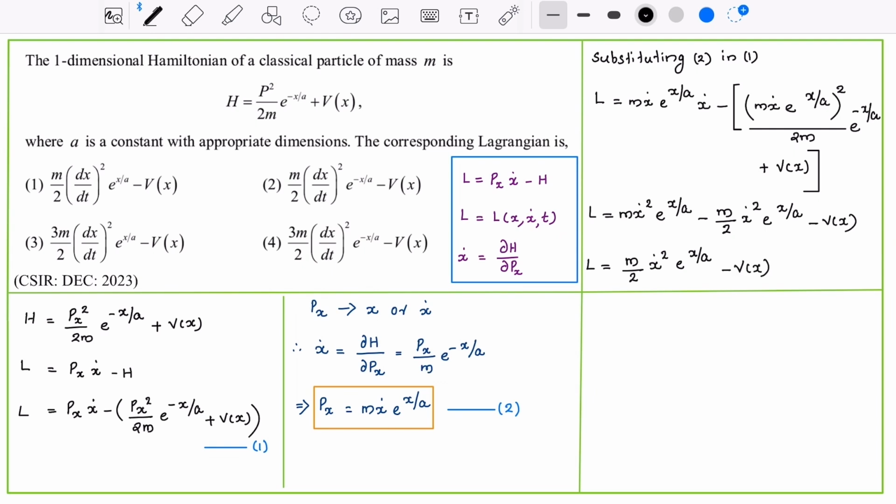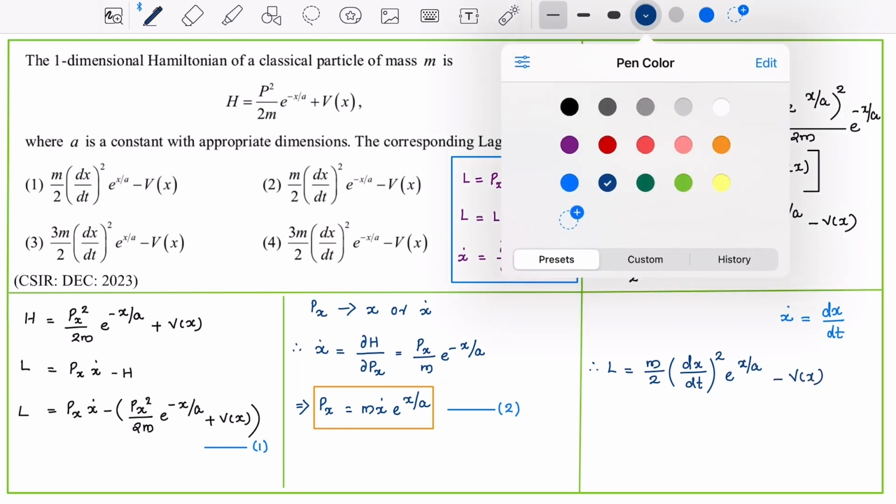Let us simplify this expression further. We have x dot is equal to dx by dt. Therefore, the expression for the Lagrangian becomes L is equal to m by 2, instead of x dot put dx by dt, whole squared, e raised to x by a minus V of x.